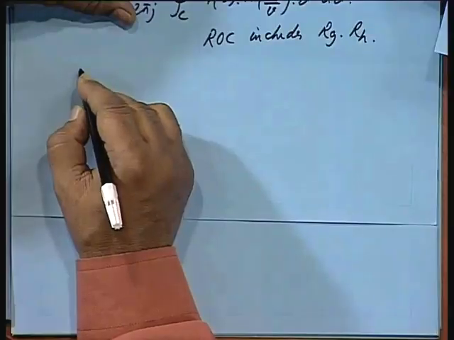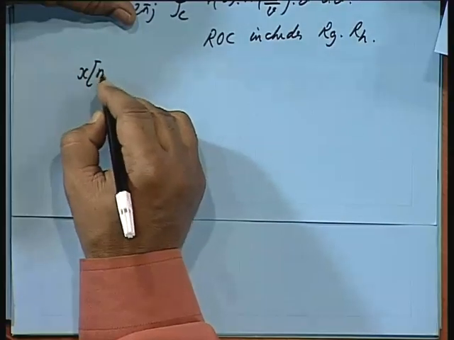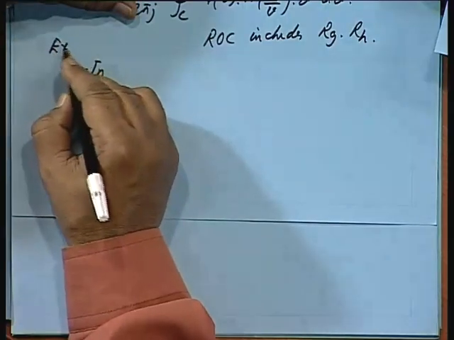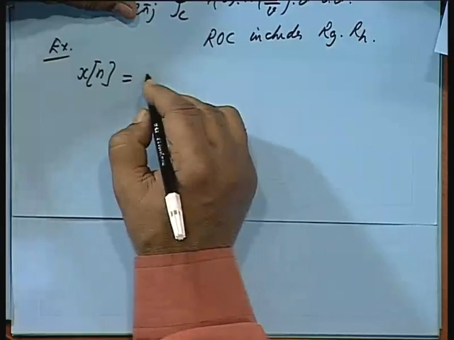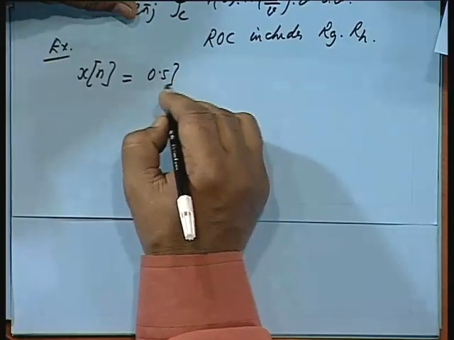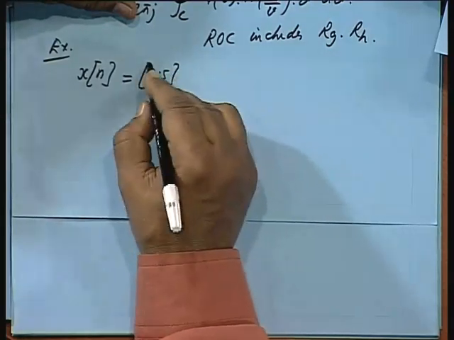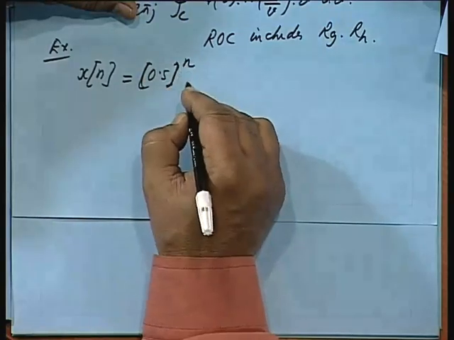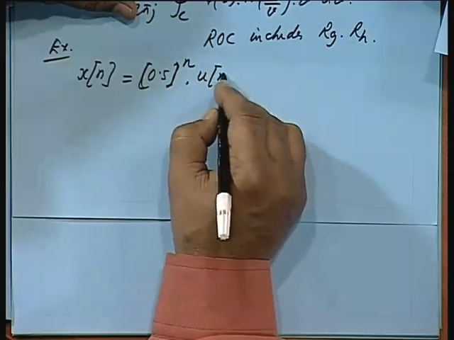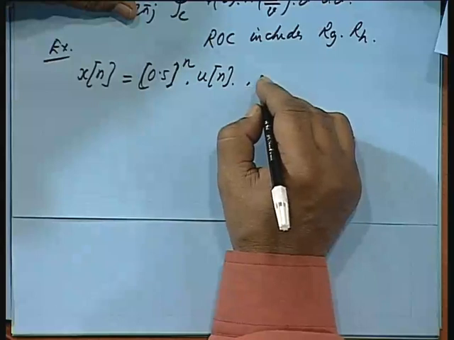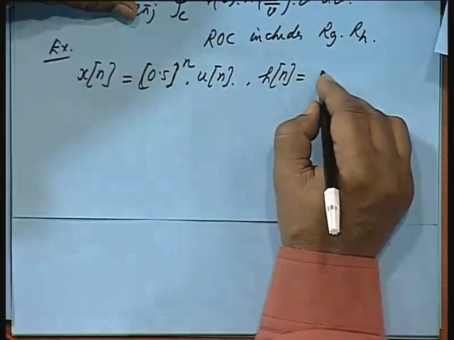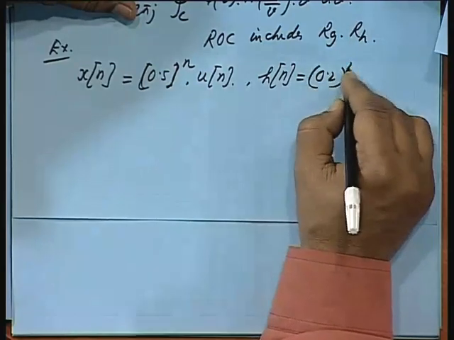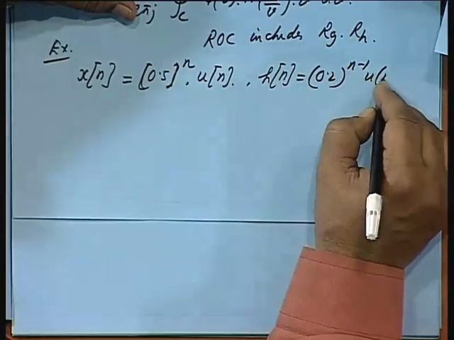Say we are given x n as 0.5 to the power n u n, h n as 0.2 to the power n minus 1 u n minus 1.